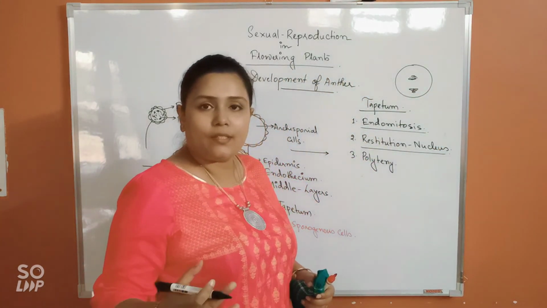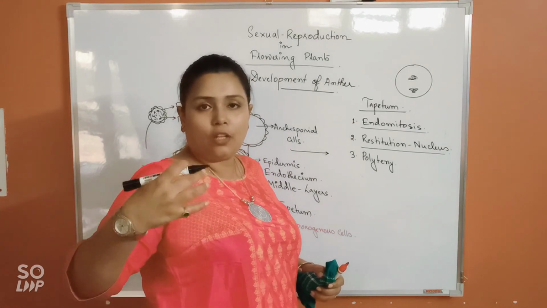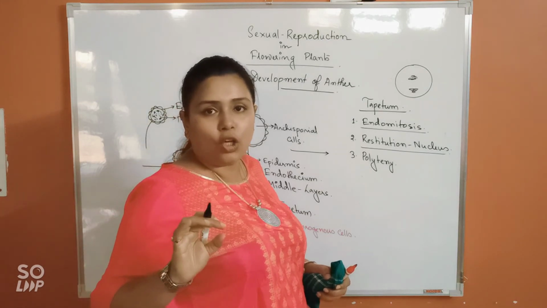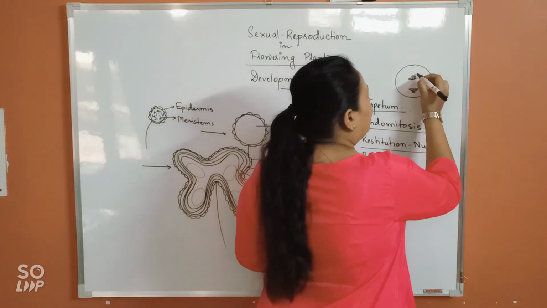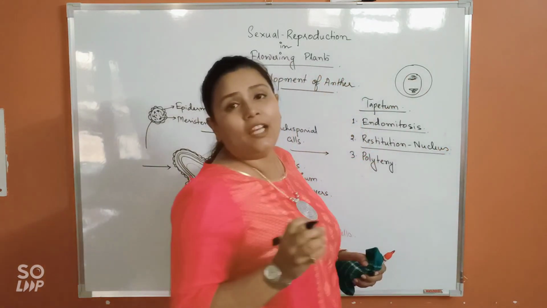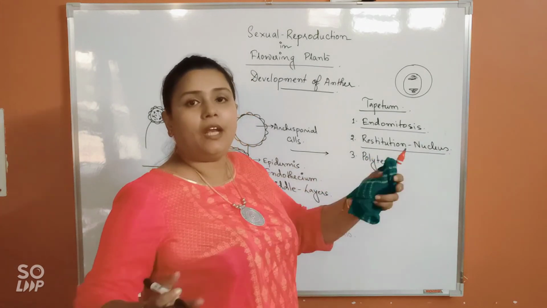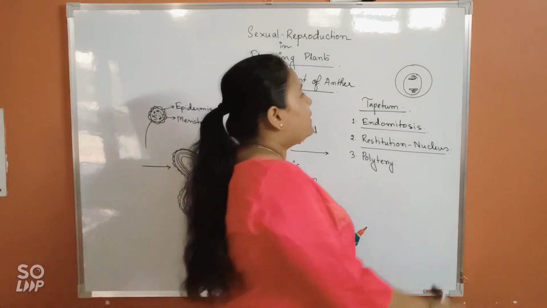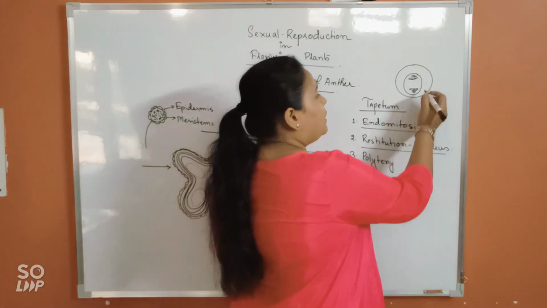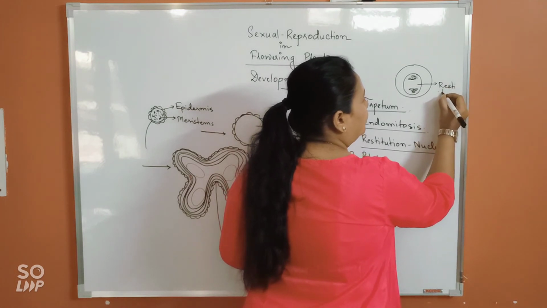Now in telophase, distinct nuclear membranes are to form, and at the opposite poles of the cell, two different and distinct nuclei have to be born, isn't it? Now if I tell you that instead of two different nuclear membranes, a single nuclear membrane surrounds the separated chromatids, in that case a large nucleus will be formed in the cell, isn't it? So this is going to be called a restitution nucleus.